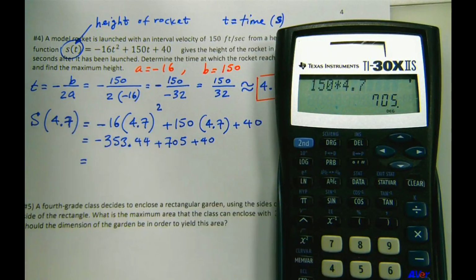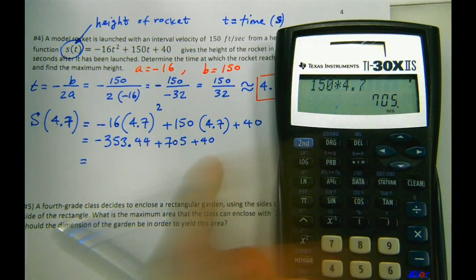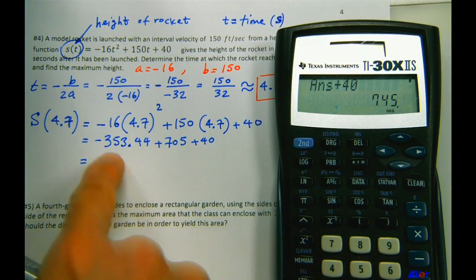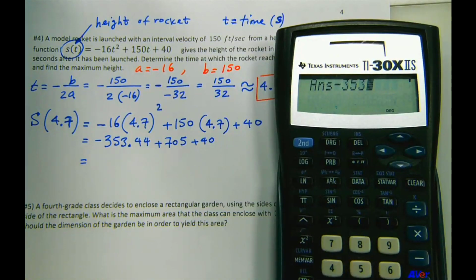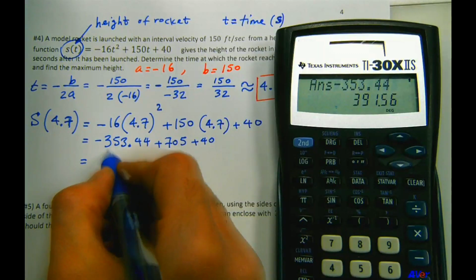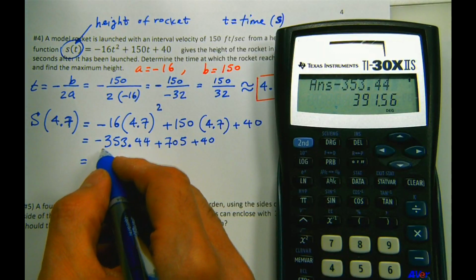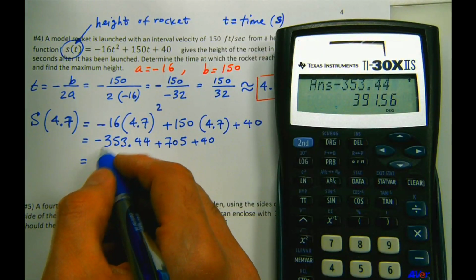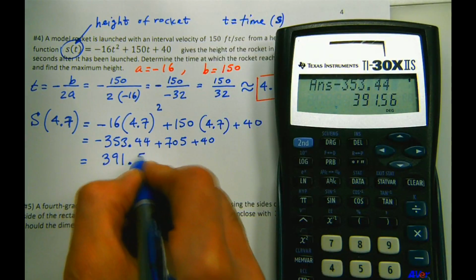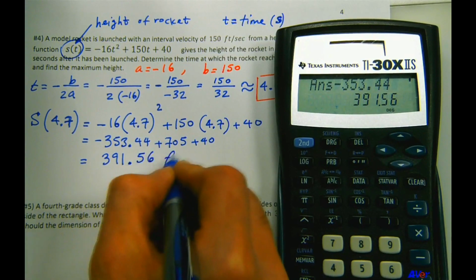So let's add all these up. We have 705 plus 40 minus 353.44. So we got 391.56, and they tell us in feet. So 391.56 feet.